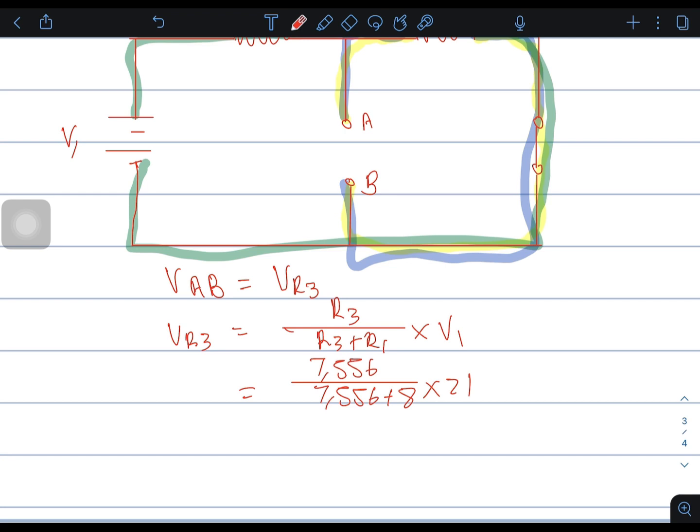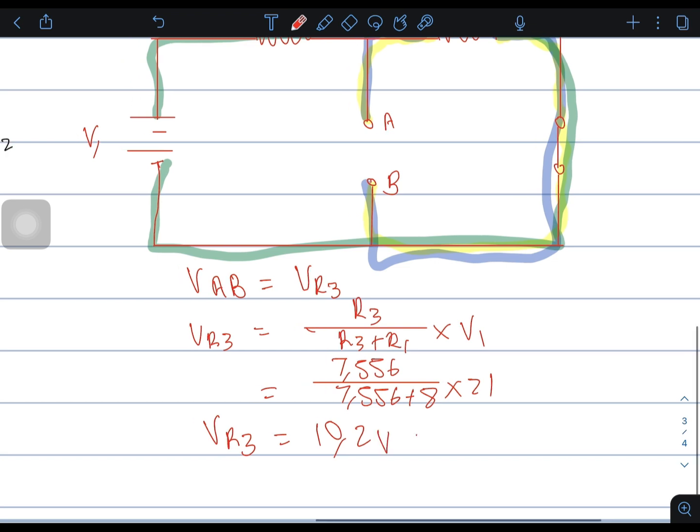That is going to be VR3, which equals 10,2. Let's say 10,2 volts. This is equal to the Thevenin voltage due to V1.